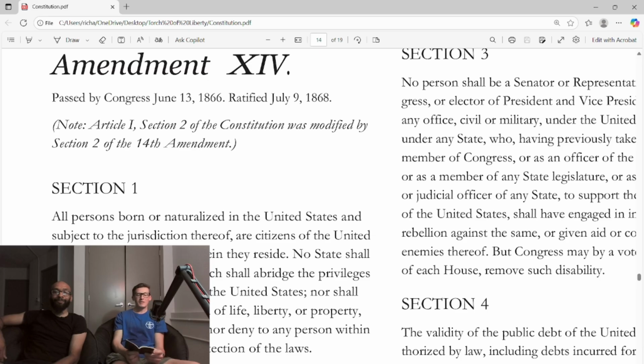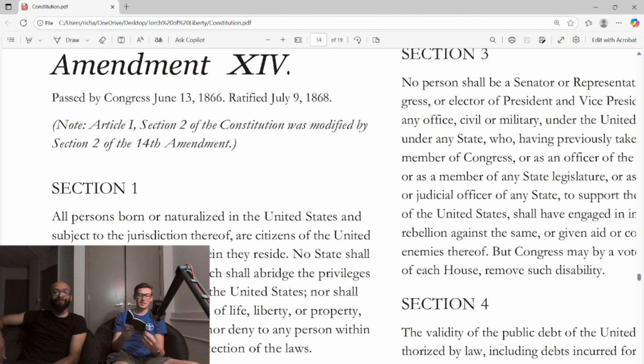Now let's read the very first sentence of the 14th Amendment, which was the very amendment following the abolishment of slavery, which the 13th Amendment ratified December 6, 1865. Guess what? Just the next year. 14th Amendment ratified July 9th, 1868.